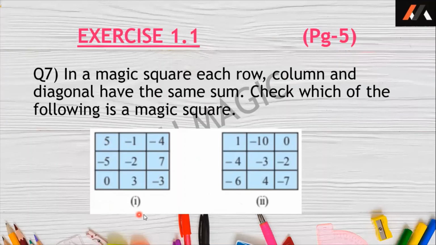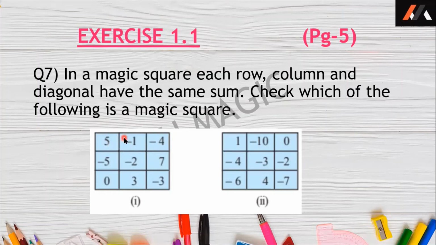So in the first square, we have the first row here. We can take 5, minus 1 and minus 4. The sum of the first row will be 5 plus minus 1 plus minus 4. That is 5 plus minus 5.